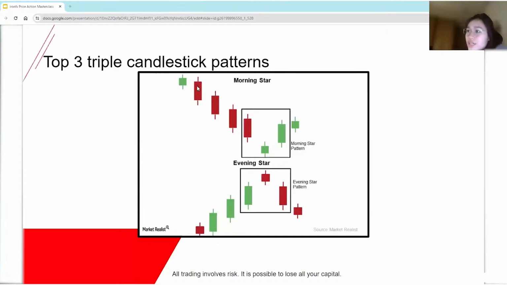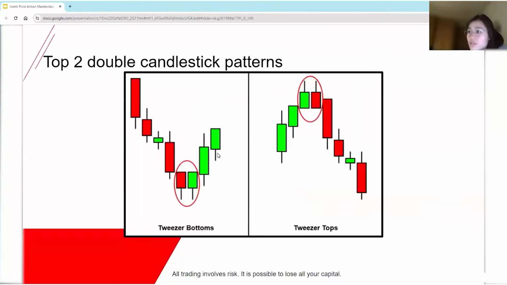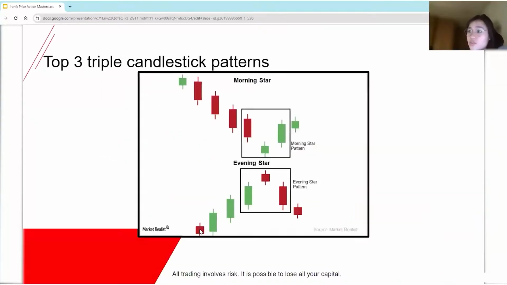So our morning star is kind of a signal that price is going to reverse again, similar to our engulfing pattern, or rather similar to our tweezer bottoms. You can see when we are able to spot a morning star, price is reversing in its trend. Evening star, similarly, it's also reversing in its trend by giving us a bearish direction instead.